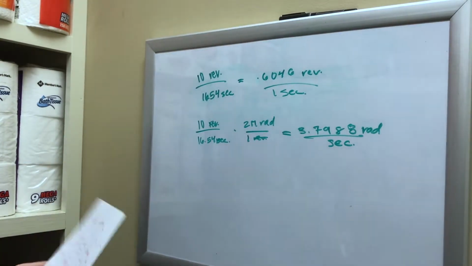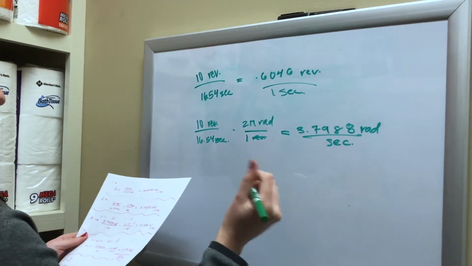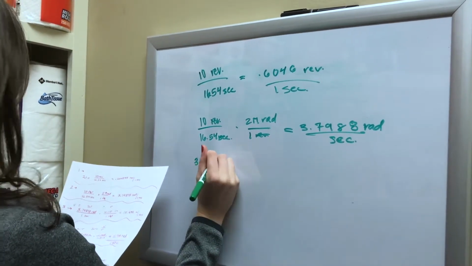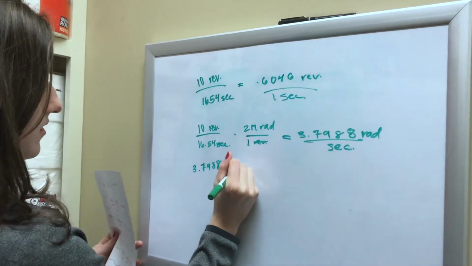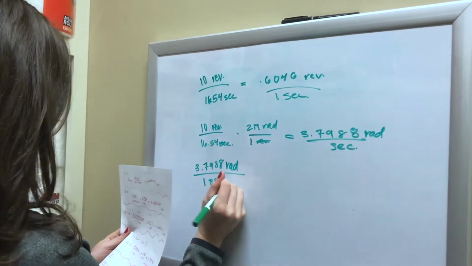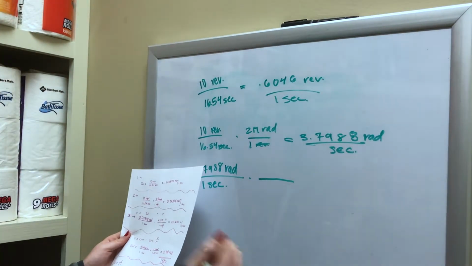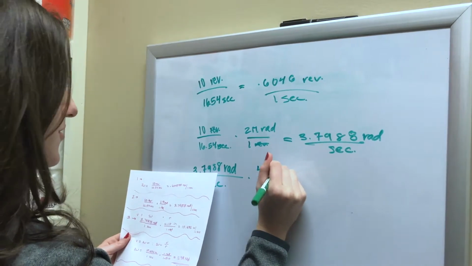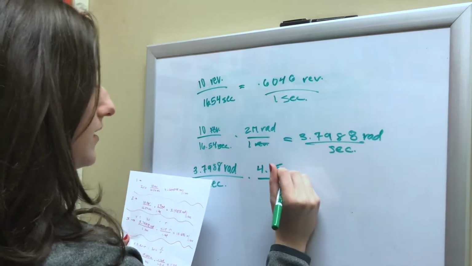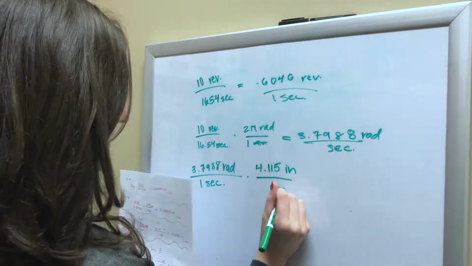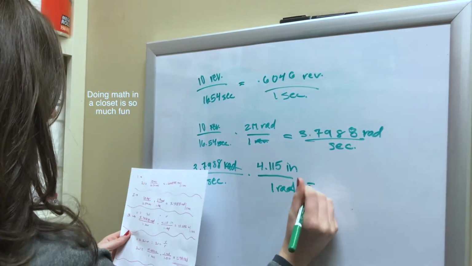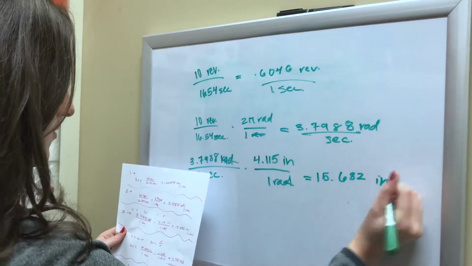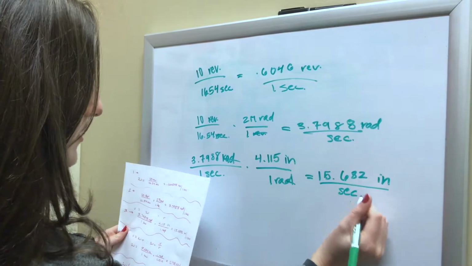And then we're going to find the linear velocity by taking the radians per second, 3.7988 radians per 1 second, times the radius of the gear, or the chain, because they're attached, 4.115 inches over 1 radian, and that equals 15.632 inches per second. It's the linear velocity.